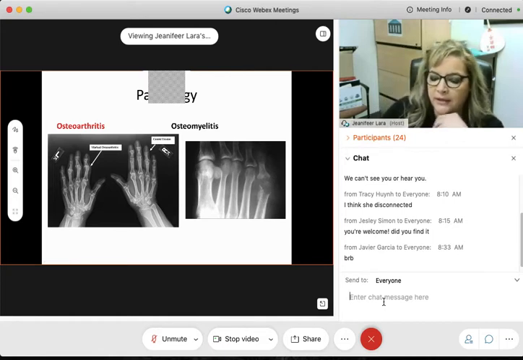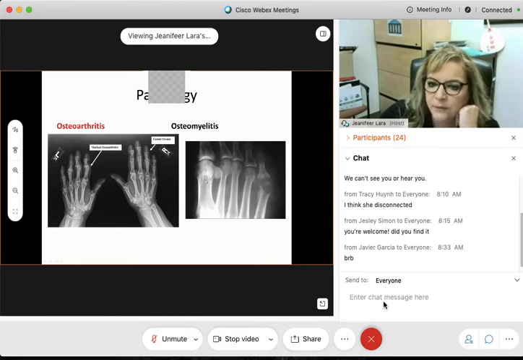Can everyone see here? So what we're looking at is a foot. We are looking at MTPs, metatarsals and phalanges. So here we see the fifth metatarsal has the head missing. It's been eroded. This is an infection.